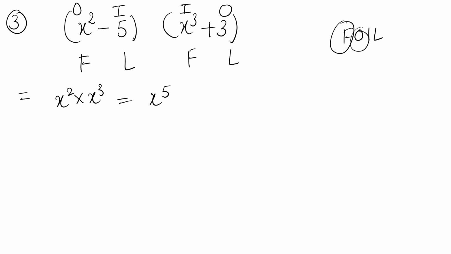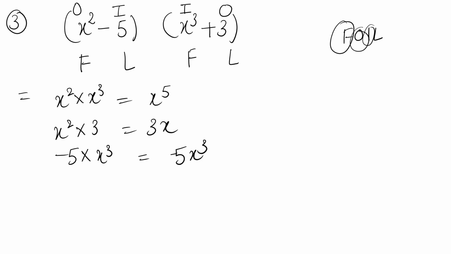Next we are going to solve the outer terms. The outer terms are x squared multiplied by 3, that will be 3x squared. Now the inner terms. The inner terms are minus 5 multiplied by x cubed, so that will be minus 5x cubed. And then the last terms, minus 5 multiplied by 3, so that will be minus 15.